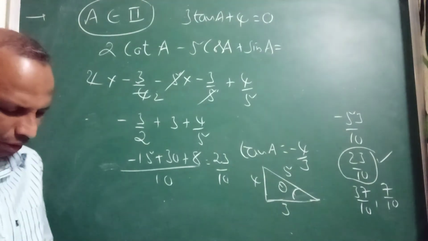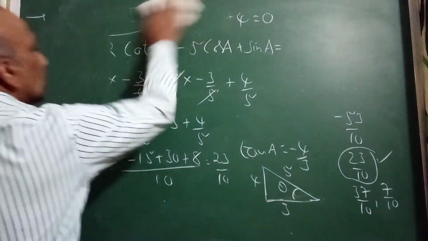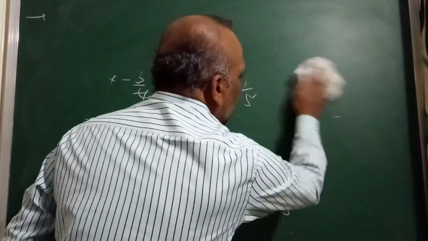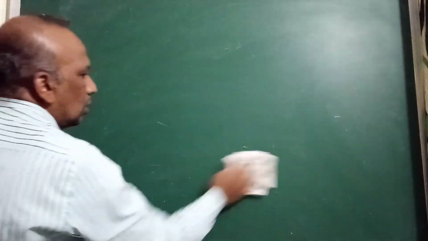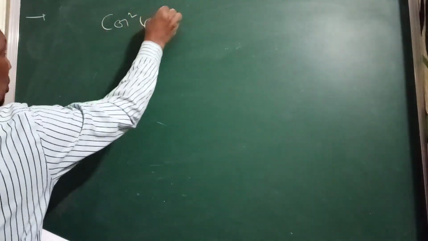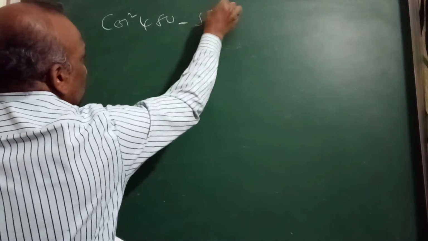The next one. The value of cos square 48 degrees minus sin square 12 degrees.